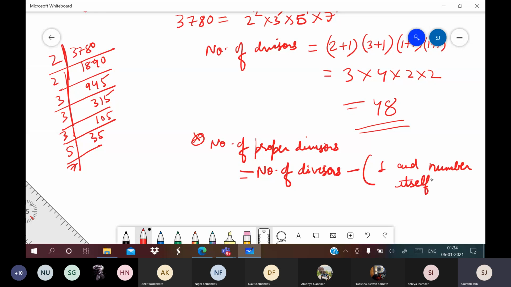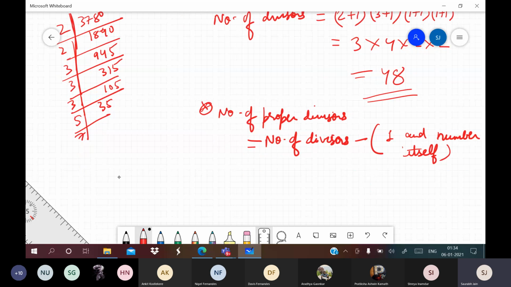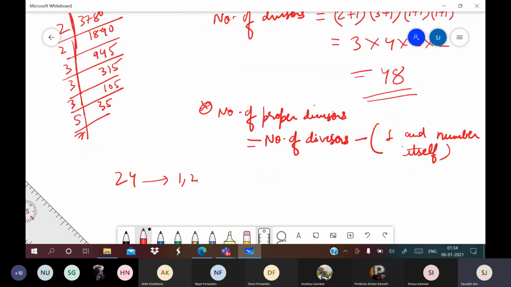For example, 24: you write the divisors. So 1, 2, 3, 4, 6, 8, 12, 24, right? These are the divisors of 24. How many? 8. If someone asks what the proper divisors are, you strike the first and last, that means 1 and the number itself. How many will be remaining?